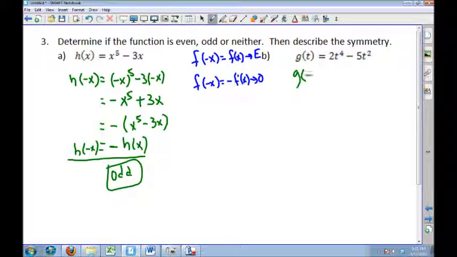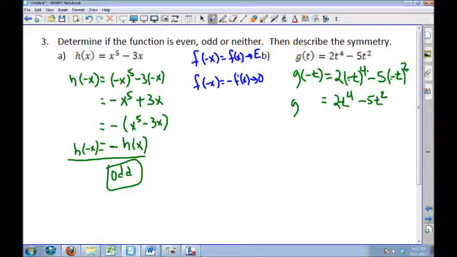For the second one, I'm going to do the same test. Plug in g of negative t, and I end up with 2 times negative t to the 4th minus 5 times negative t squared, which is equal to 2 times t to the 4th minus 5 times t squared. When I raise a negative to a 4th power, it's an even number. I'll have an even number of negatives, which will make a positive. Same for the square. When I square the negative, I have an even number of them, which make a positive number.